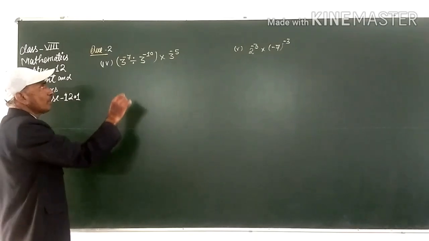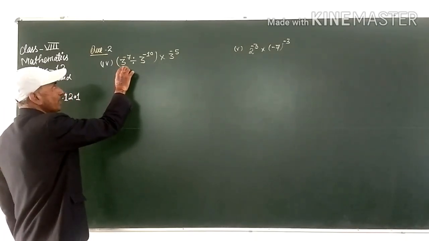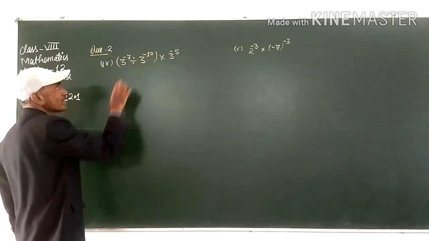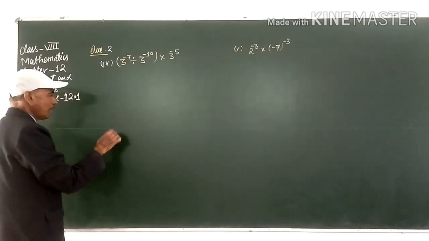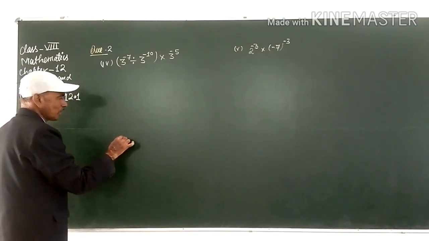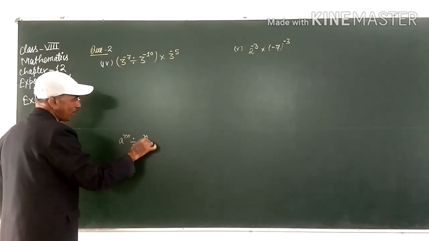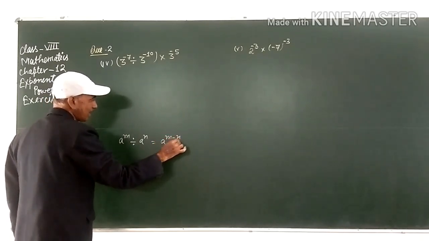So, first of all we have to solve this bracket students, and in this we find that the base is 3, the base is equal and there is a sign that is division. So, remember the rule, that is a to the power m divided by a to the power n, that is a to the power m minus n.